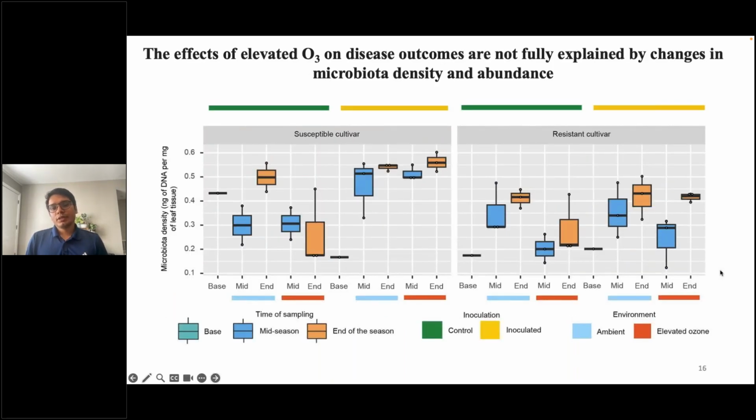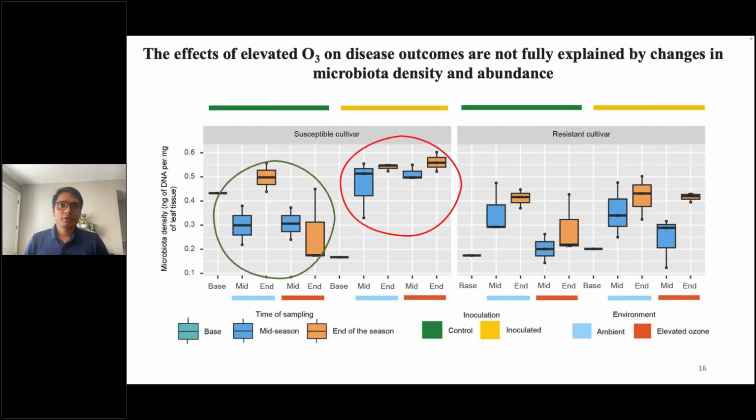So as we saw, the increase in the disease severity on the resistant cultivars under elevated ozone was not the result of a change in the Xanthomonas population. Then we hypothesized that this increase was associated with the significant reduction in the overall microbial density associated with the resistant cultivars under elevated ozone, which suggests an altered prophylactic shield, or altered microbiota mediated protection, under this elevated ozone in these resistant cultivars.